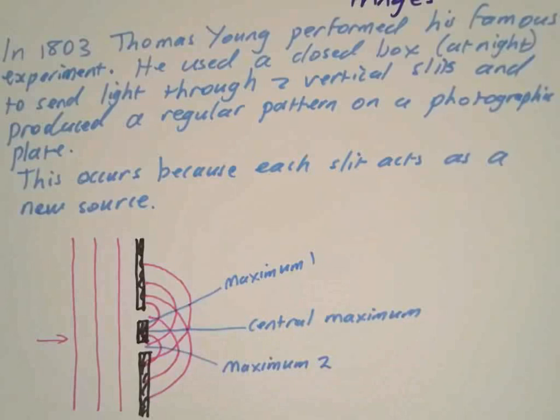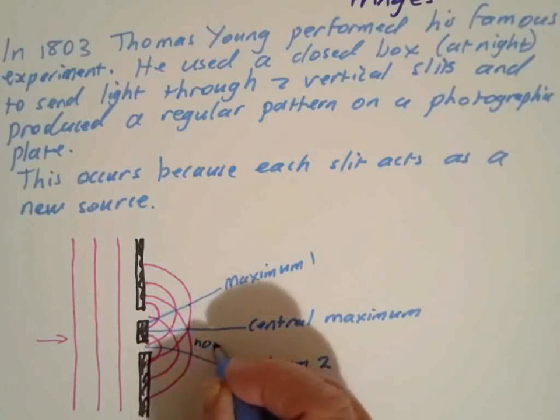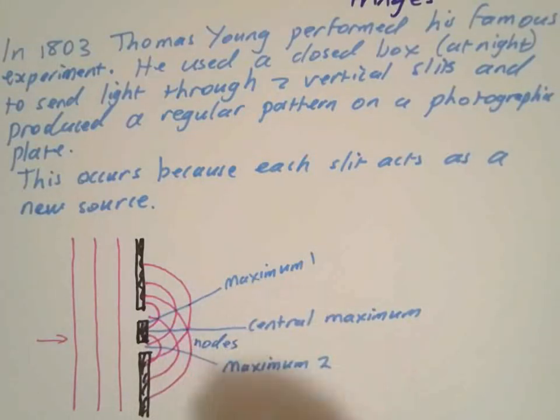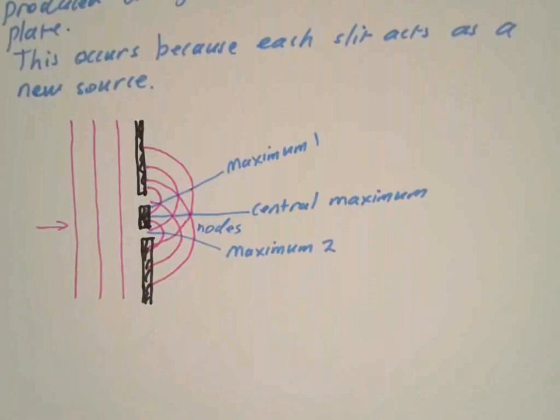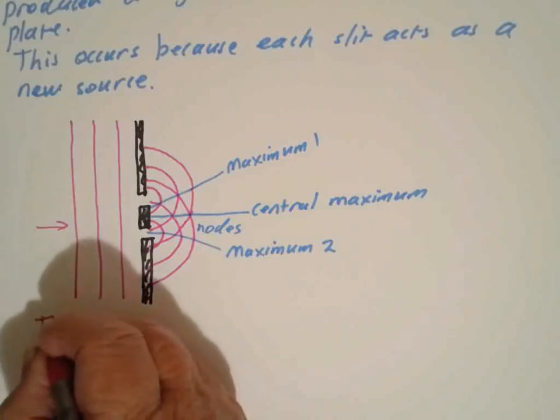Like when we did it with the springs, the dead bits in between are called nodes, but they're not as easy to see on this. But the bits in between are nodes. That's where it's nice and quiet or still, depending on what sort of thing you're generating the waves with, whether it's water or sound or whichever. There is always a central maximum.